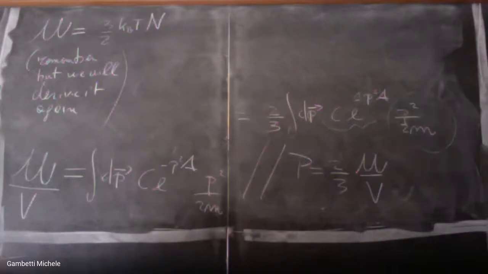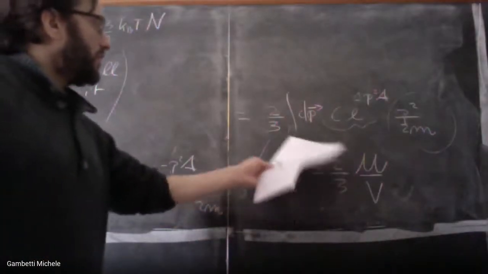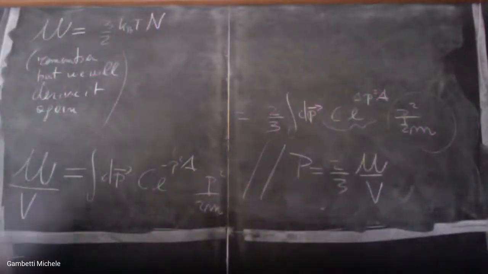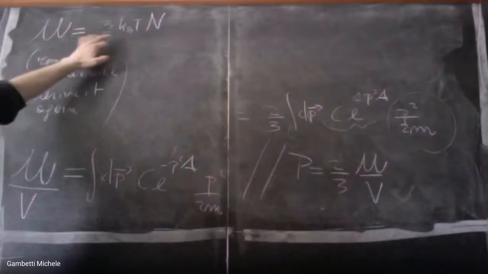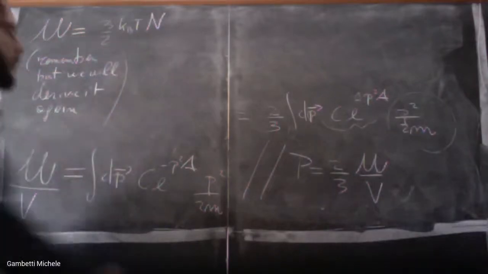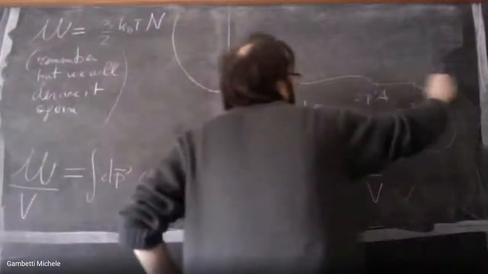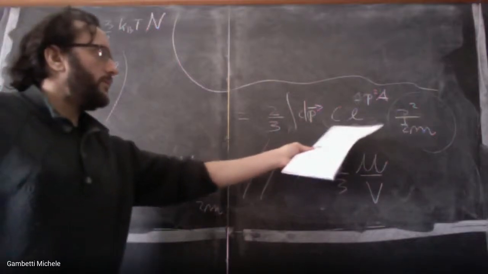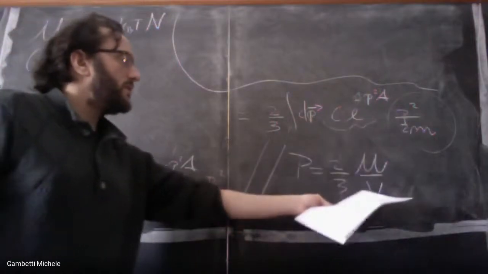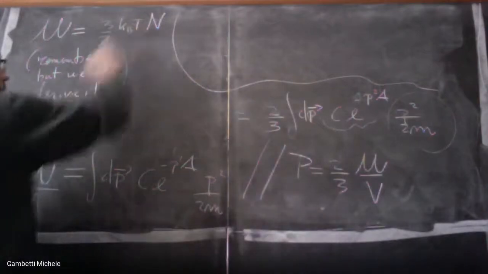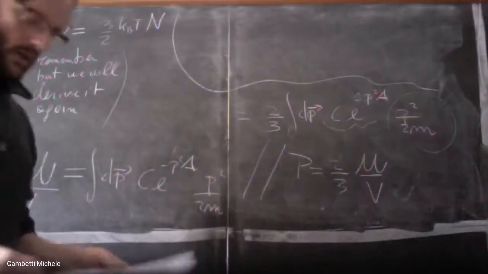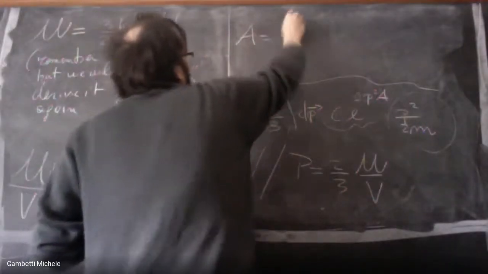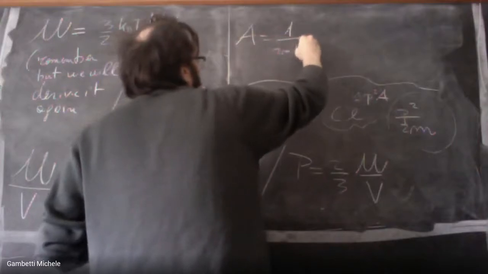Okay, because here the pressure is this quantity. Then instead of u, I can write this quantity, which is 3/2 kB T N, and by comparing with the integral defining the pressure, this expression that contains specifically kB T N, at the end I can get this factor A, which is 1/(2m kB T).